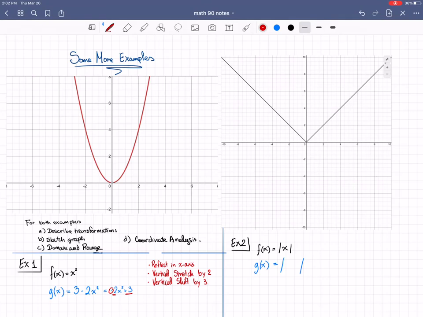Now, much like I've done before, I'm going to do a few key points. So we're going to start with 0, 0 as our vertex. Then we'll look at 1, 1. And we'll also look at negative 1, 1. I'm not using these 3 points for any particular reason other than they're really easy to plot and the coordinates are nice and small.